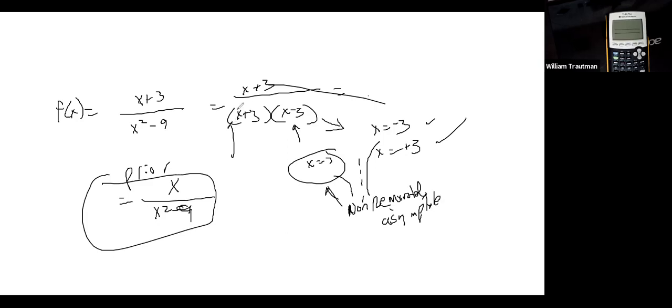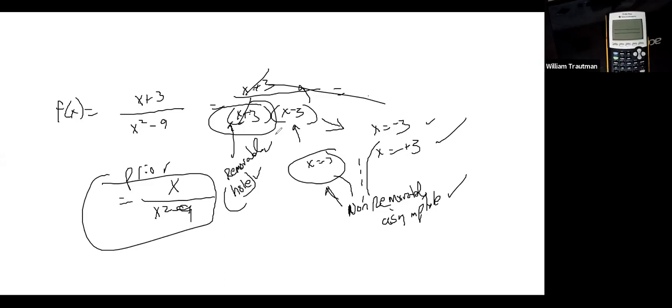The one at -3 cancels out with the top, so it's still a discontinuity, but we call it removable, and it's a hole in our graph. The other is an asymptote because it doesn't cancel out with anything on top. The hole is just sitting there.